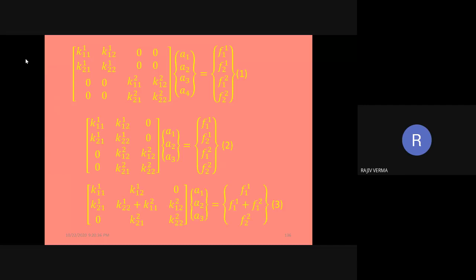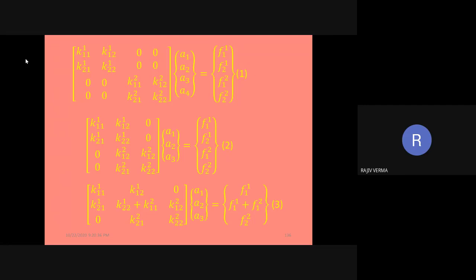And then to have a symmetrical matrix, you add equation number 3 and equation number 2 to give you the final form of the equations that we get for the case when the domain has been divided into two elements.